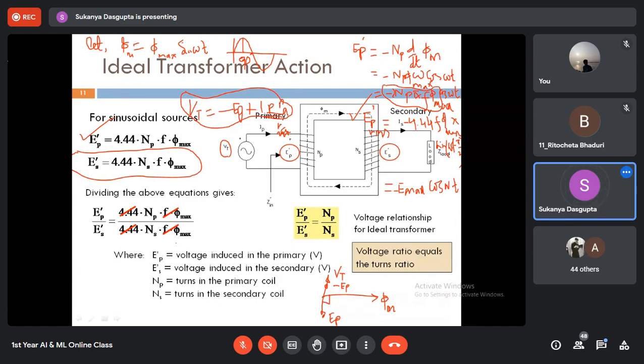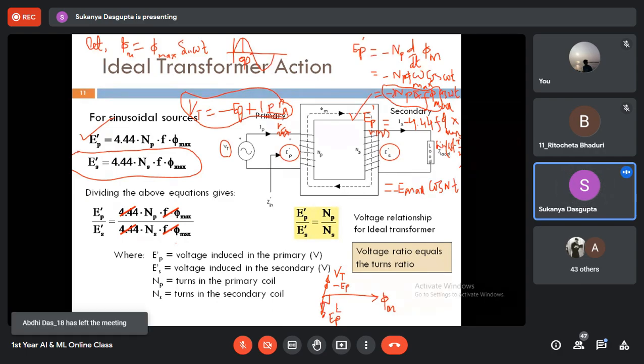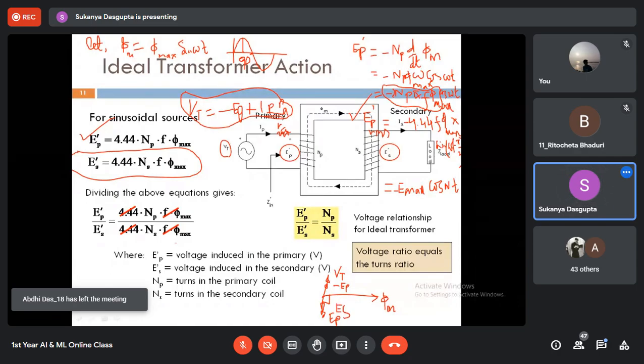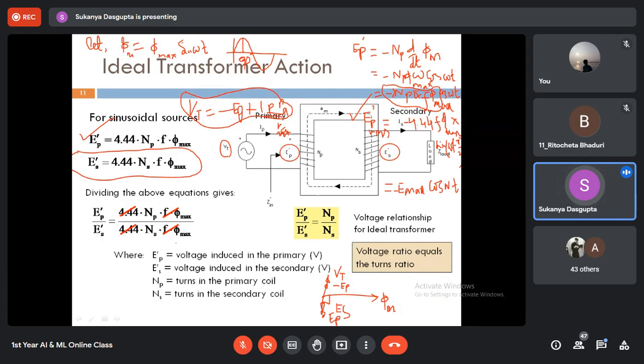And what is the direction of ES? ES is the induced EMF, ES or E prime S, whatever it is. So the direction of ES will be similar to the direction of EP. That means both phasors, the secondary induced EMF and the primary induced EMF, are in phase.